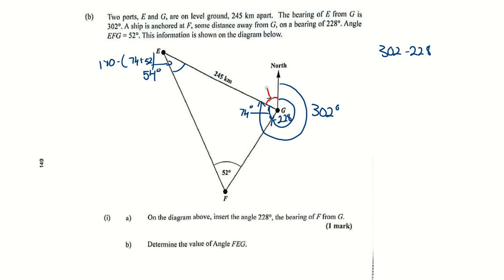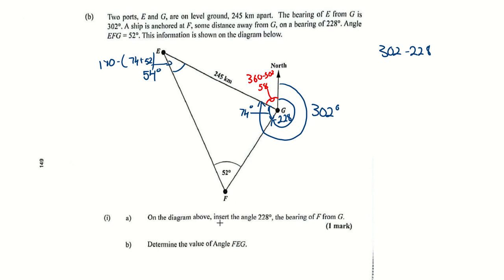This angle would be 360 minus 302, which equals 58. Do we understand everything that I have found out so far? Anything confusing? We may not need these things, but from the information given, we can calculate them. Yes?